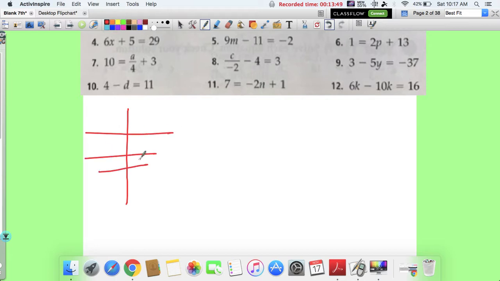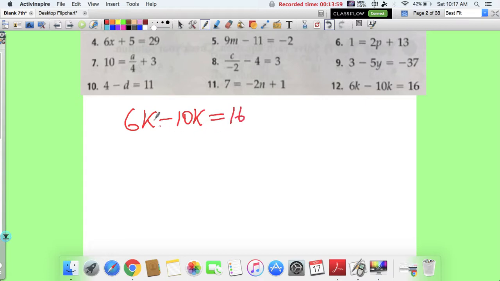Variable is k. So the last one's a little tricky. So I'm not going to do the story yet because I can't. I have this. So over here, the first thing I want to do is combine like terms, right? 6k minus 10k is the same thing as 6k plus -10k equals 16. 6k and plus -10k, there's more negatives, so it's going to be -4k equals 16.